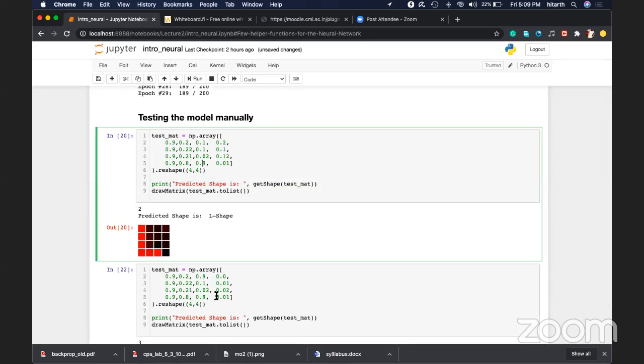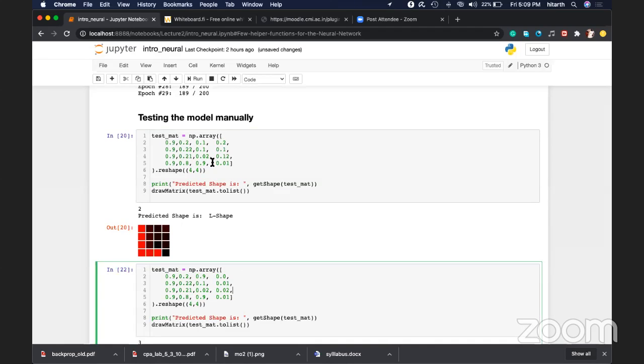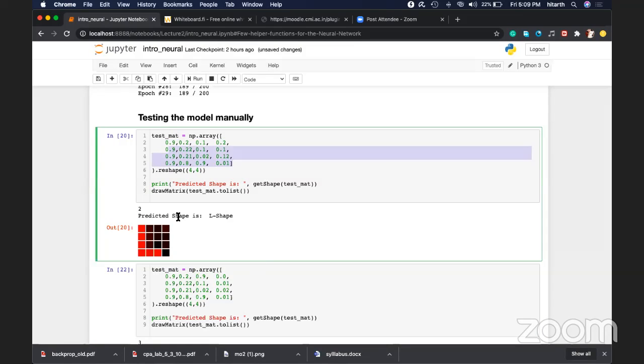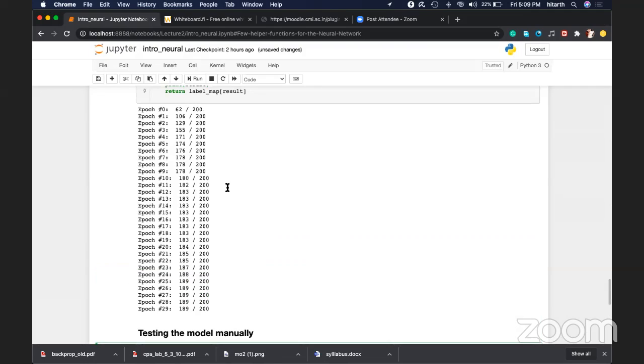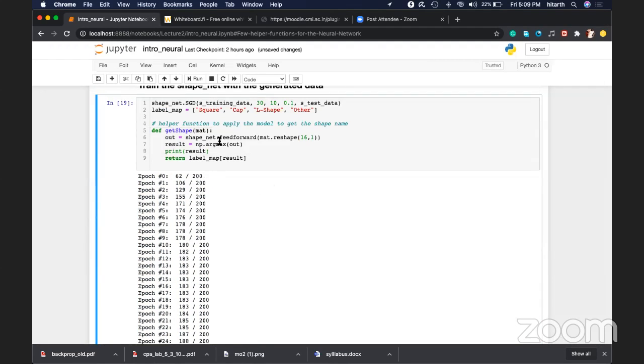Was it the test data that changed, or are you running it on a new network? The network is the same. I'm giving it a problem, that classify this particular shape, and it's telling me that this is L shape. That's it. It's already trained here; this was the training part.